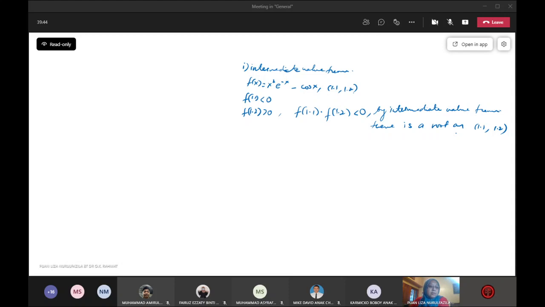Okay, so that's number 1. Now number 2. Determine the number of iterations needed. So you have (1.2 minus 1.1) over 2 to the power n must be less than 0.01.